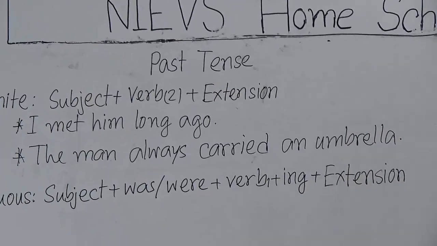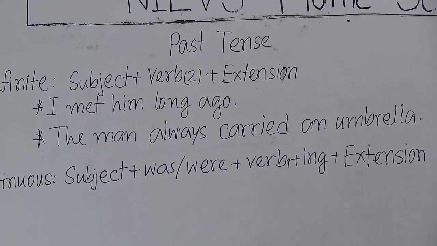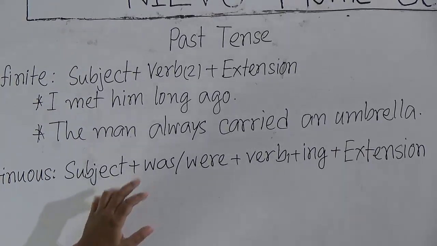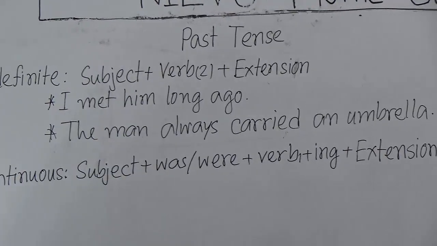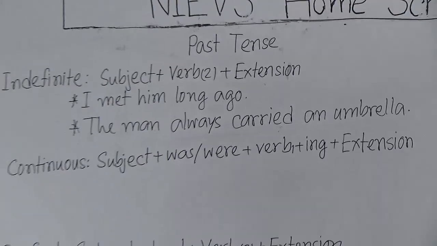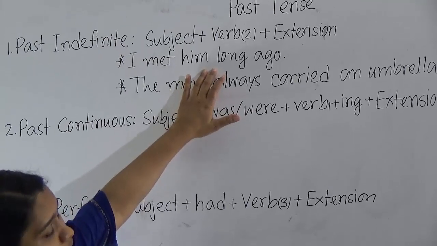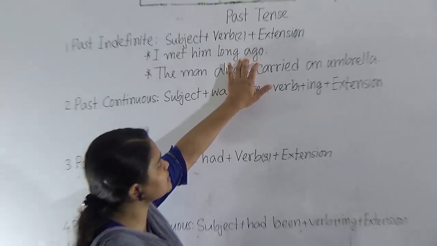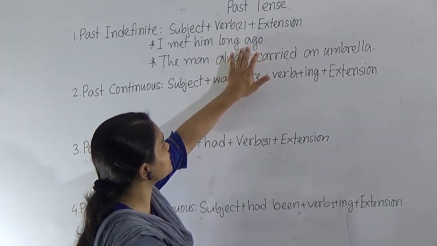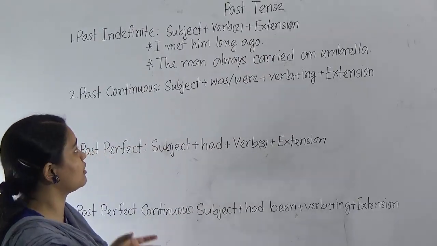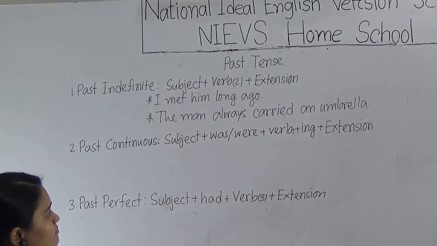Now look, this is the habit which happened in the past. And when you write in past indefinite tense, when you find ago or last or yesterday, that means it is past indefinite tense. That means the task, or the work, or the action is totally completed in the past.